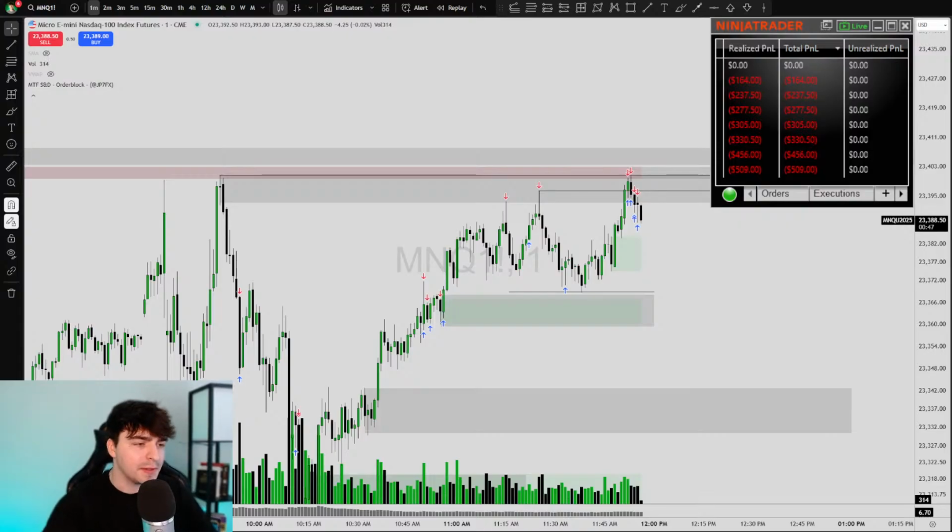That's a shame. This is probably going to be the top. This thing's probably about to tank here. It looks very heavy.